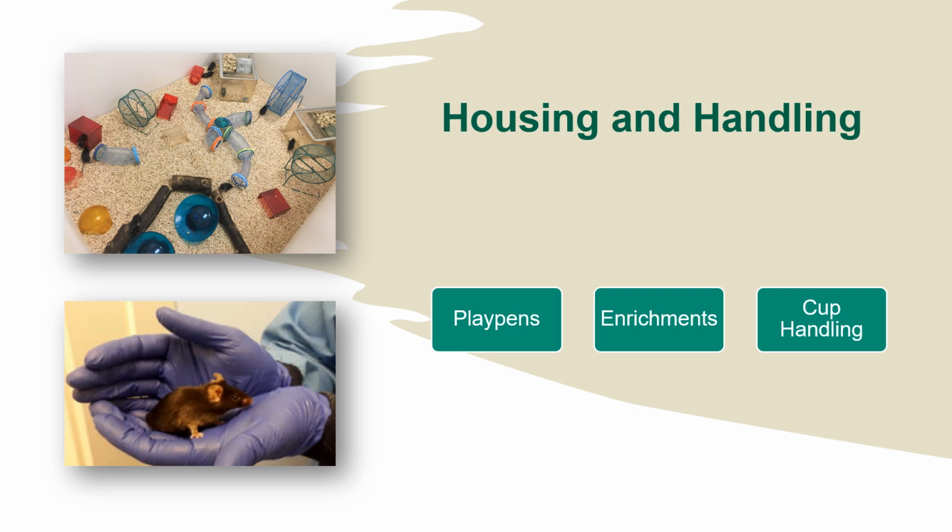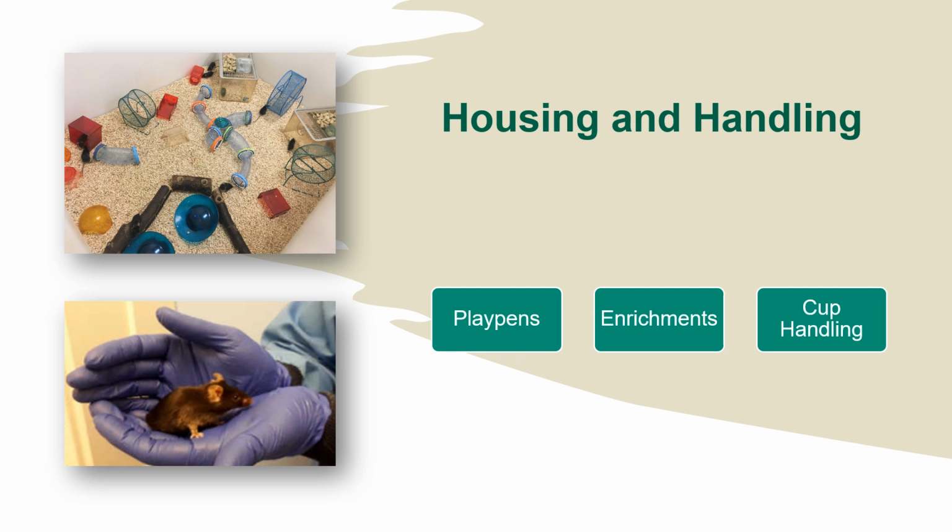Enhanced housing is the use of larger pens or cages and environmental enrichment. Larger housing allows for natural behaviors such as exploration, exercise, and social interaction. Environmental enrichment is adding objects and stimuli to the living environment that encourage natural behaviors.